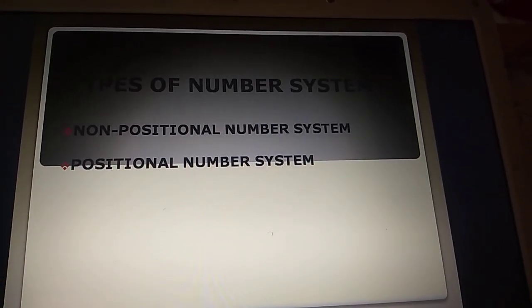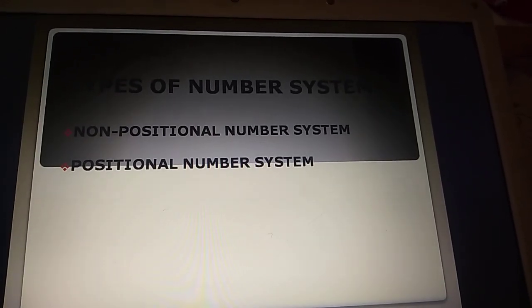In this number system, every digit has its place value which represents it.